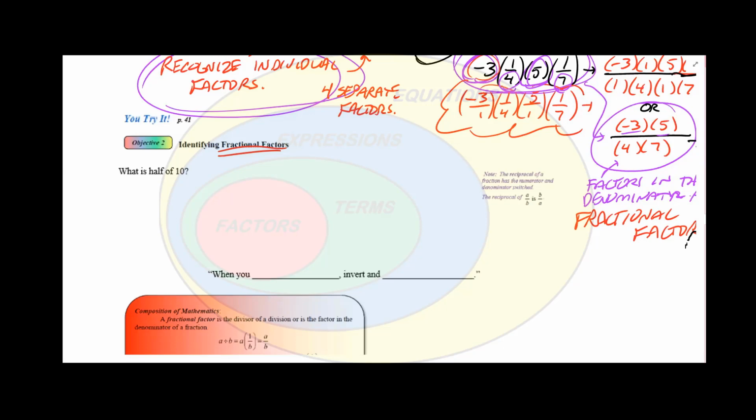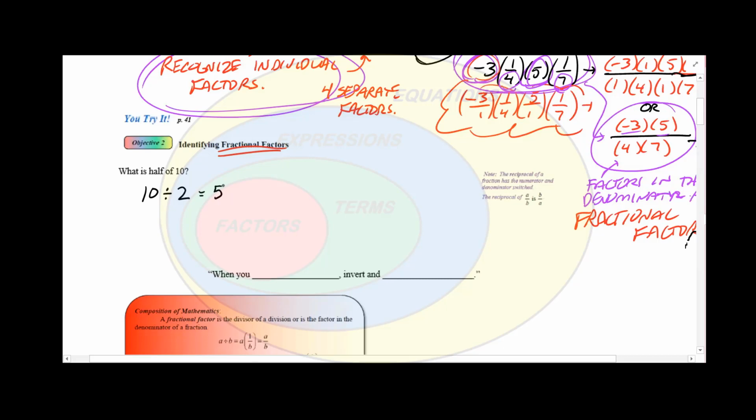Okay. Sienna, how did you get that? What did you actually do? You started with 10 and then divided by 2 and we get 5. Okay.